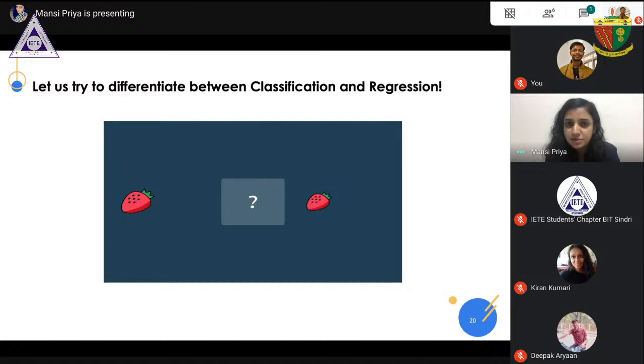This model is able to predict the size, the length of that strawberry using that image. Here the height can be given as 2 centimeters, or whatever value is possible. So what do you think? Is this a classification problem or a regression problem? You can again write your answers in the chat box.